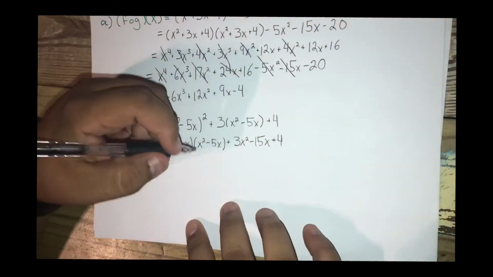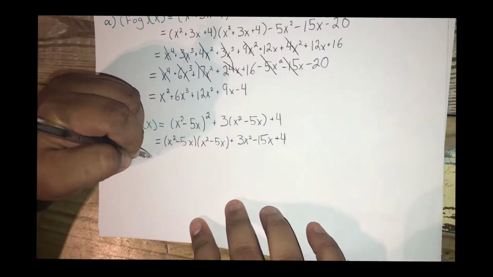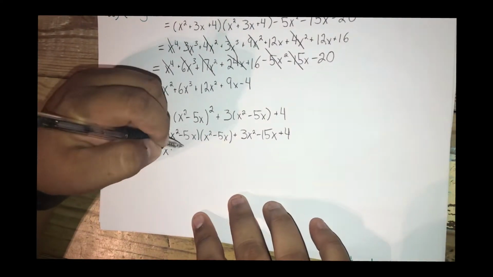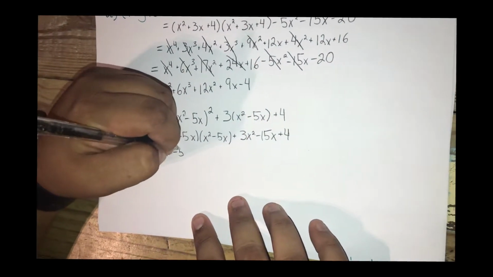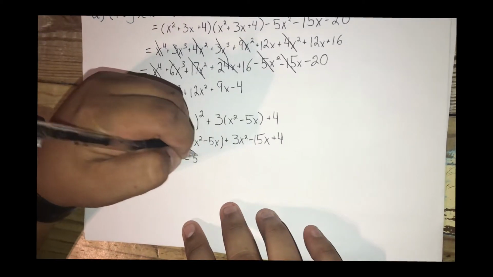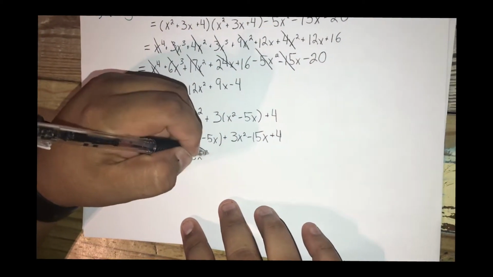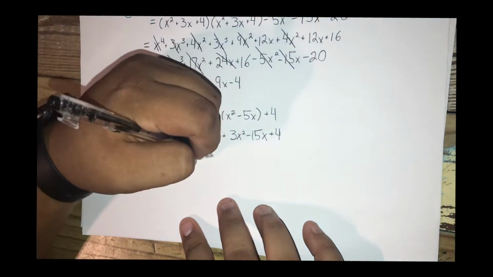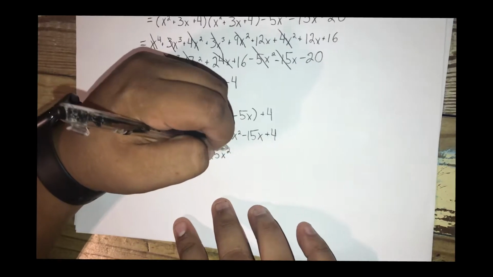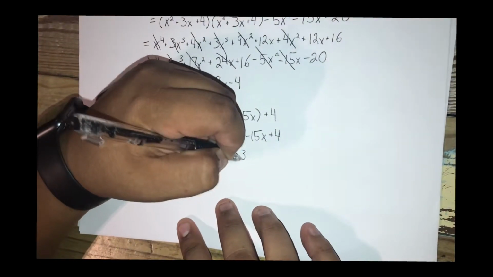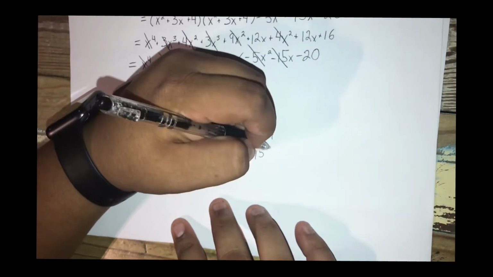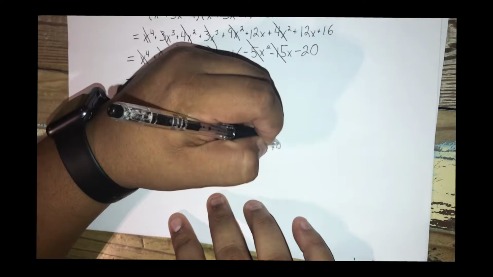Now it is x to the power of 4 minus 5x cubed minus 5x cubed plus 25x squared plus 3x squared minus 15x plus 4. Of course, the x to the power of 4 minus 5x cubed minus 5x cubed plus 25x squared is gotten from the first part of the function, which I already talked about, which was the x squared minus 5x times itself.